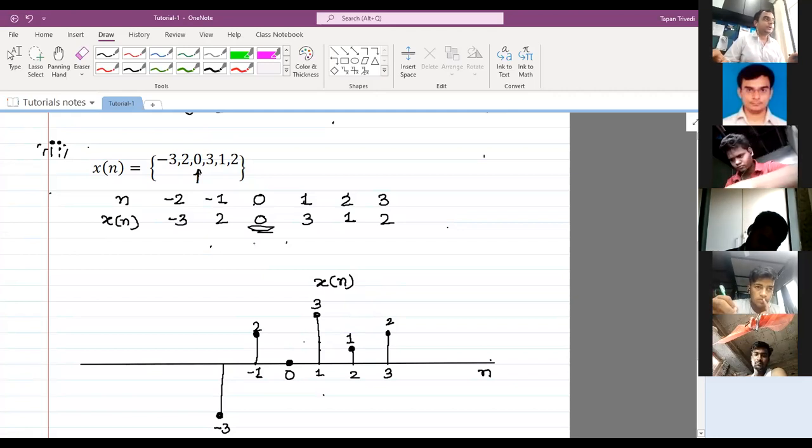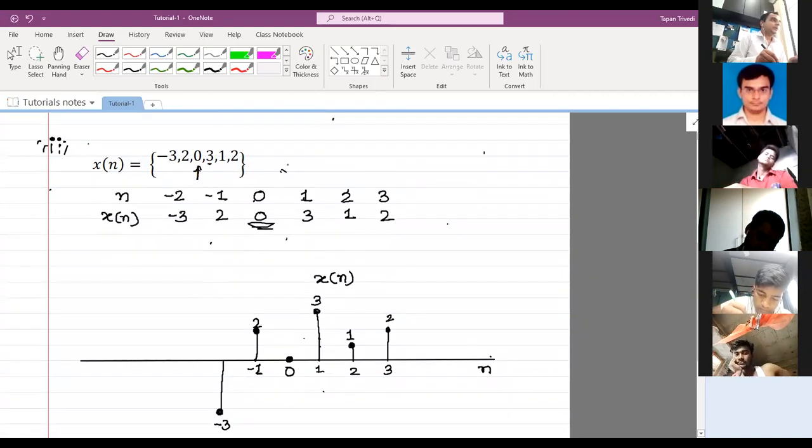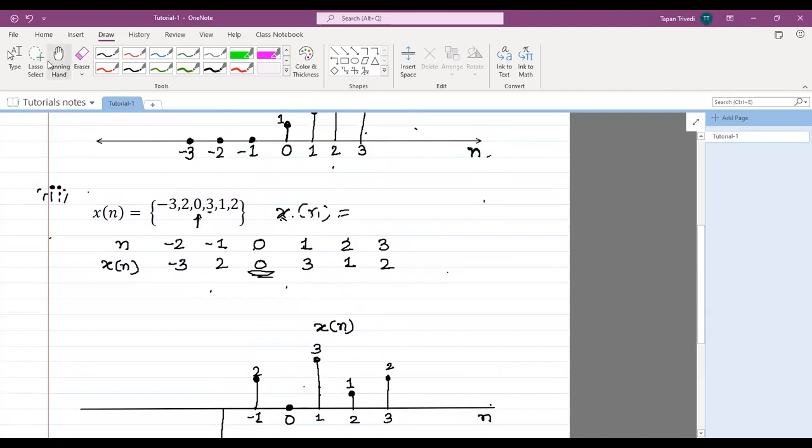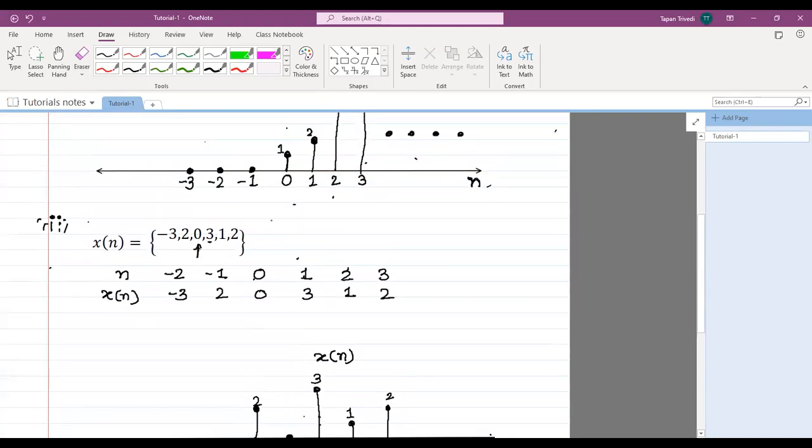Fine. Now this 3 belongs to n is equal to 1. So basically, see, it is like this. X of n is like this.